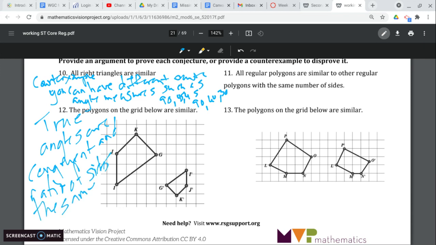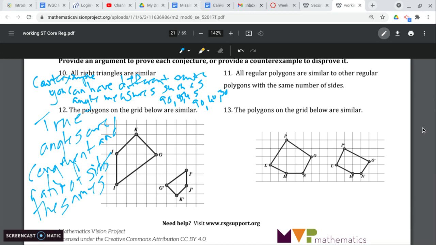So the ratio of these sides is also the same. So between J and K here and J prime, K prime here, they have the same ratio. Every single one of these, if we divided them, we'd find we multiplied by the same amount to get between. So that's another thing that has to be true with similar figures.